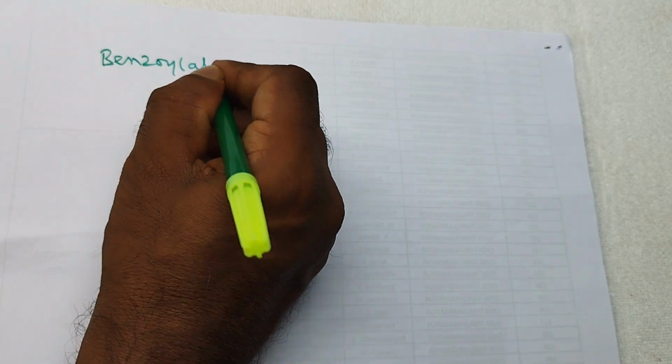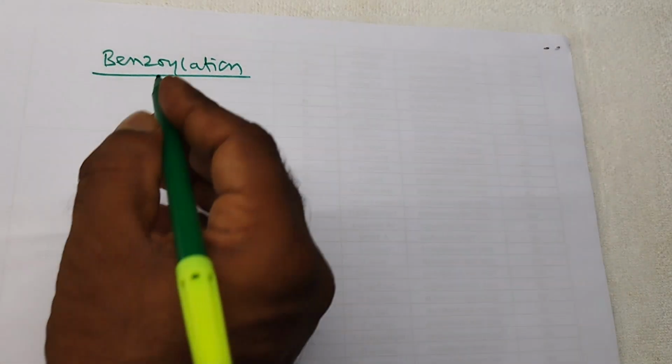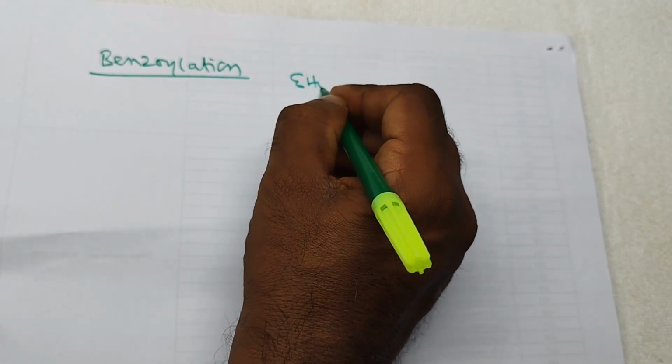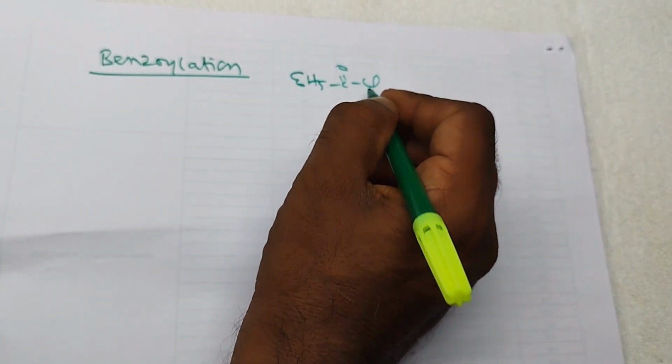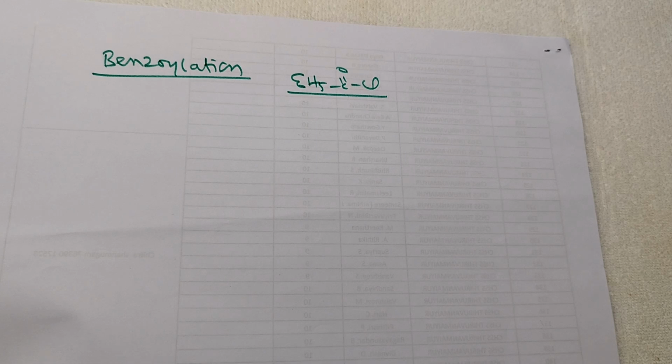Next we can see the benzoylation reaction. Benzoylation is also nothing but a reaction with a benzoyl group, C6H5COCl. This is called benzoyl chloride.